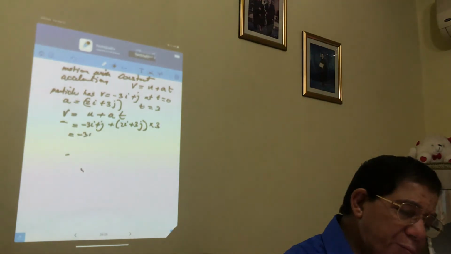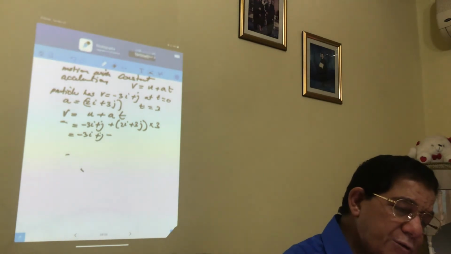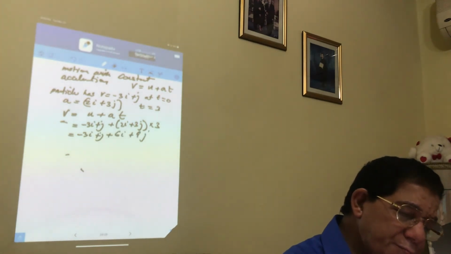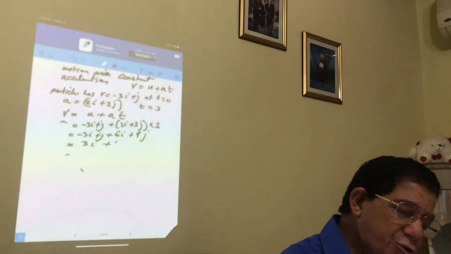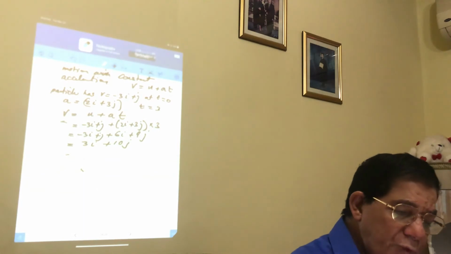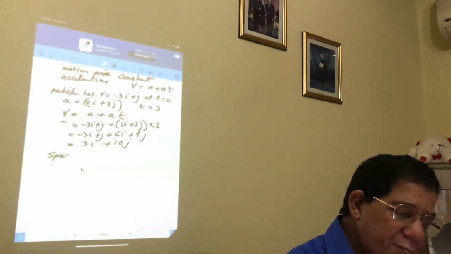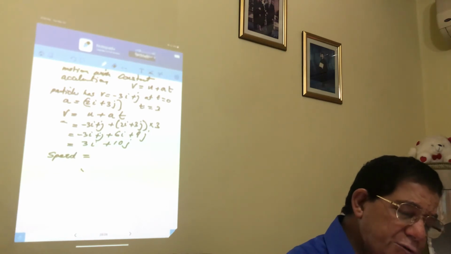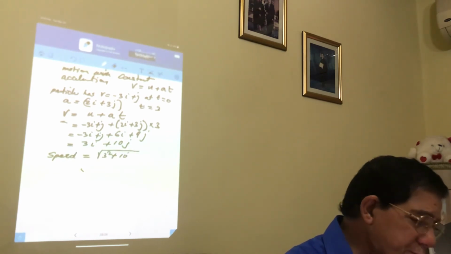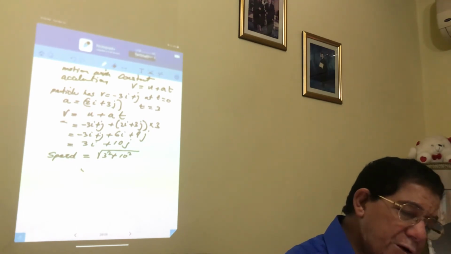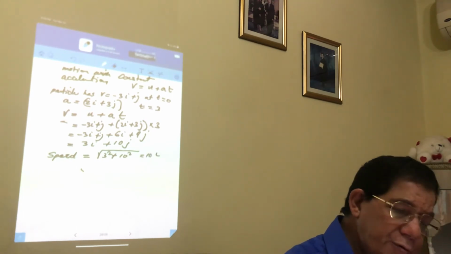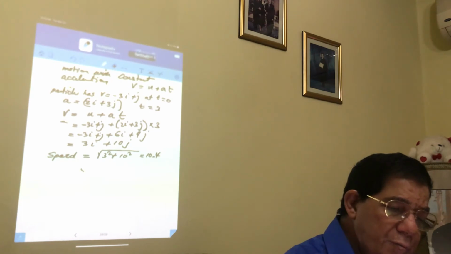Negative 3I plus j plus 6I plus 9j. We get 3I plus 10j. This is the velocity, but what is the speed? The speed is the square root of 3 squared plus 10 squared, and this would be 10.4 meters per second.